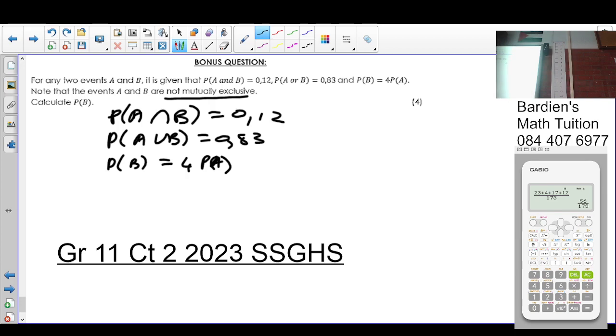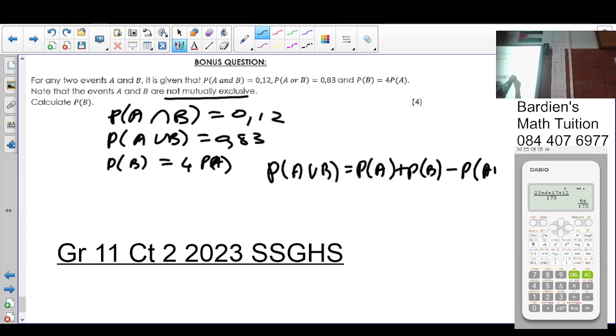So that means to say that the probability of A or B is equal to the probability of A plus the probability of B minus the probability of A intersection B. They want to know what the probability of B is. The probability of A union B is 0.83.